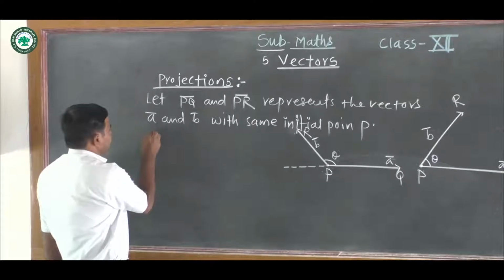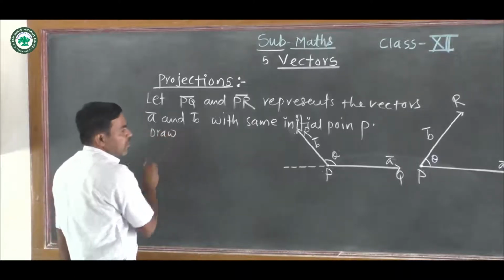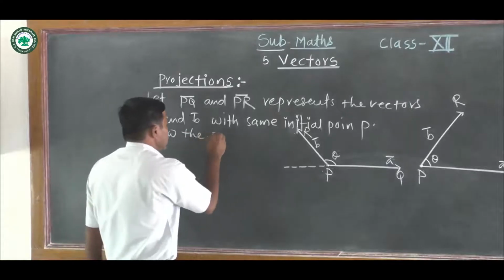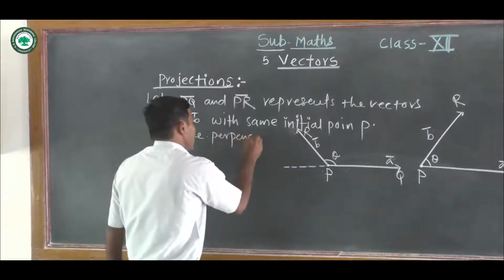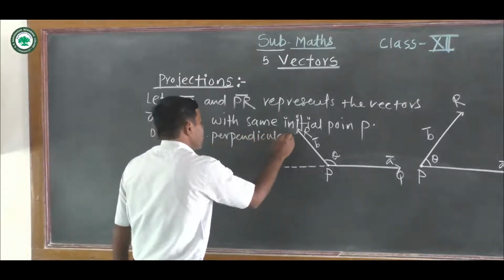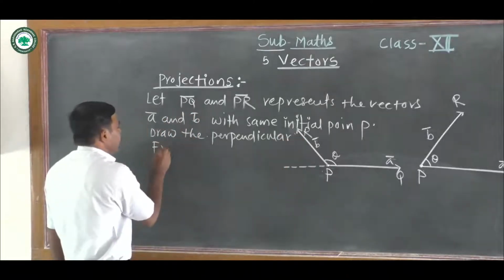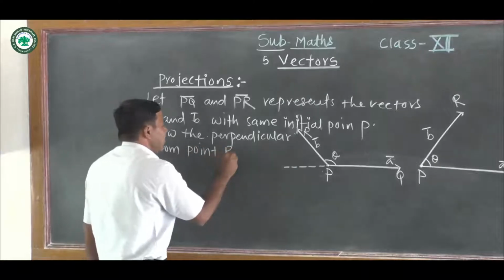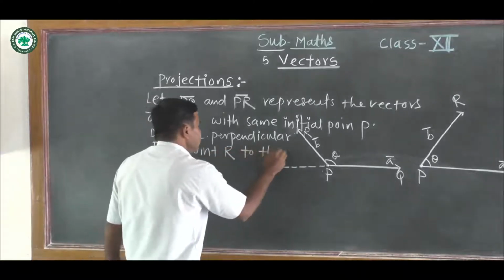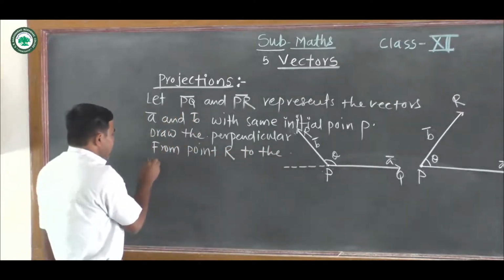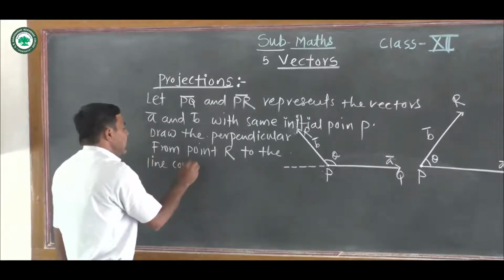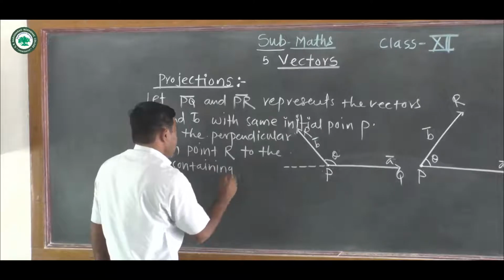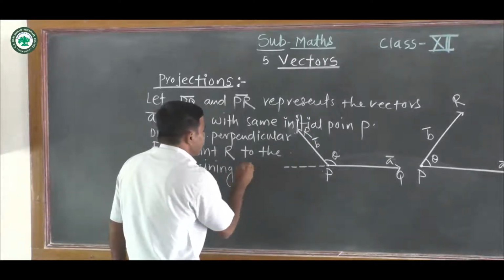Draw the perpendicular from point R to the line containing PQ bar.